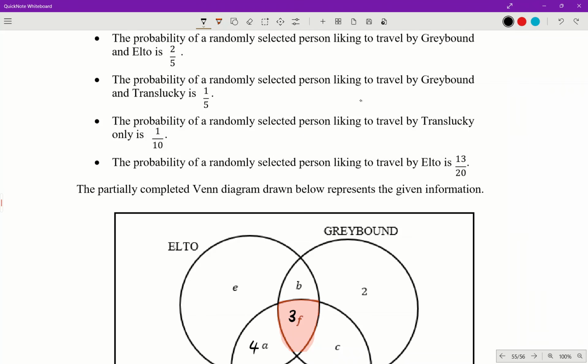So here you see the probability. Remember, probability is simply the number of favorable outcomes over the total number of outcomes.